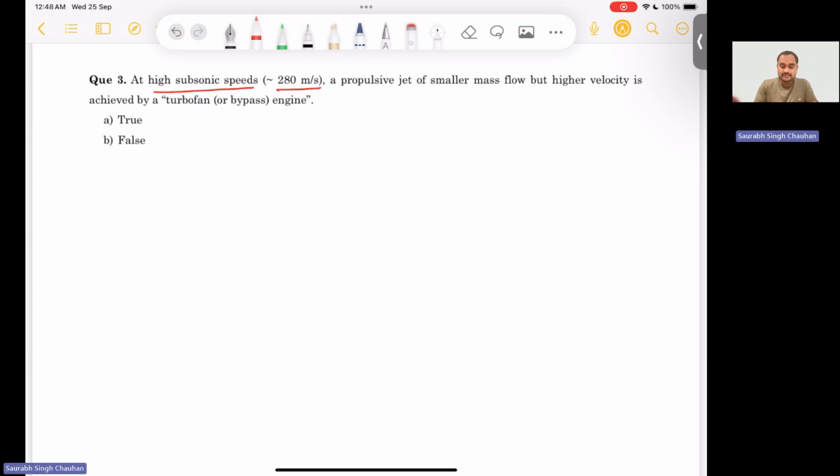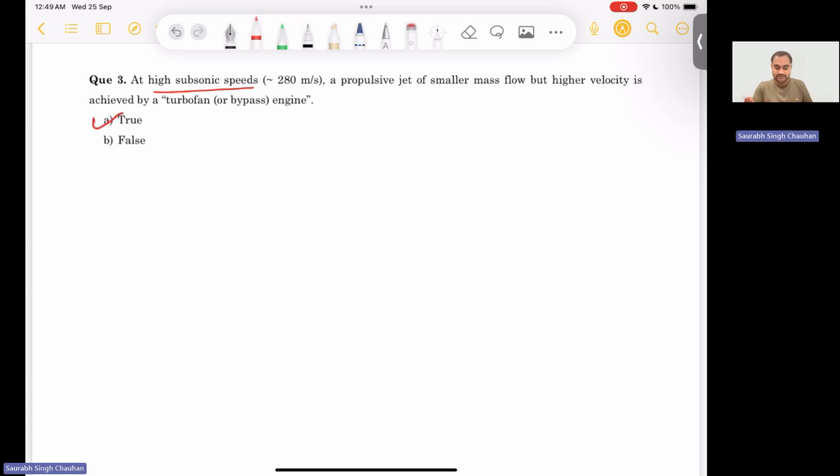At high subsonic speed, a propulsive jet of smaller mass flow but higher velocity is achieved by a turbofan or bypass engine. So you can easily answer this question, and this statement is true.